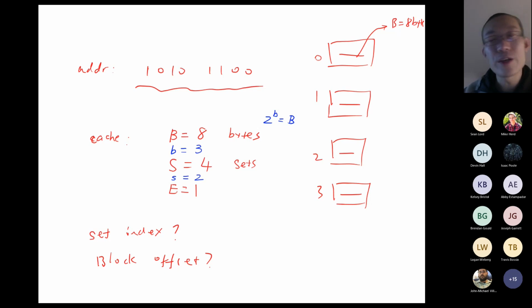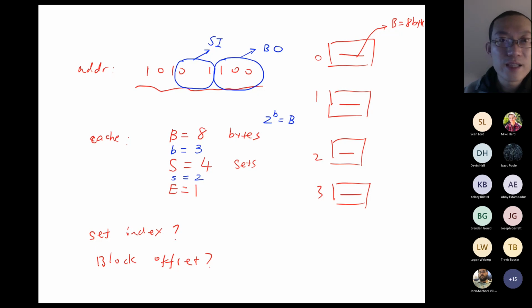From right to left, we find 3 bits and make that the block offset. After it, we need another 2 bits, which is 0, 1, to denote the set index. And the remaining, which is 1, 0, 1, denotes the tag.